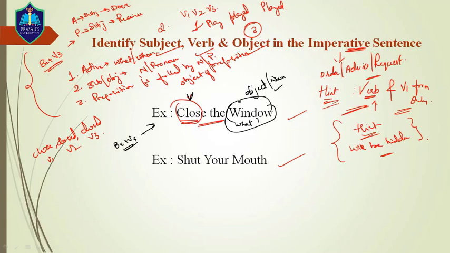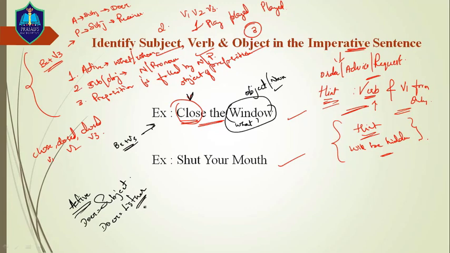I'll take one example. In the class, I will say to one student, go and close that window. Close the window is in active voice, so the doer should be the subject. As we discussed, in active voice the doer will be the subject. Who is the doer here? The doer is the listener.